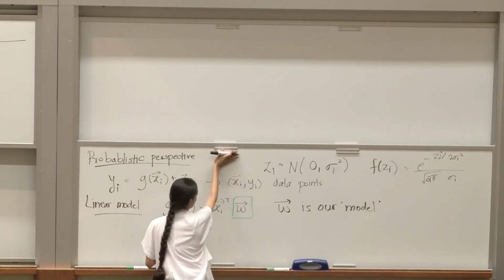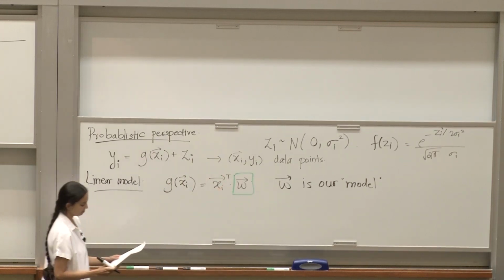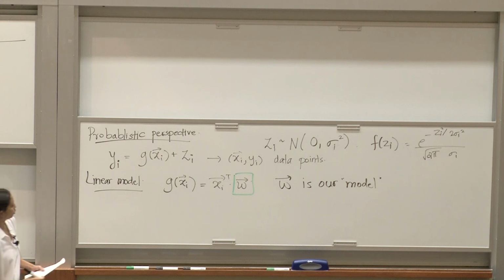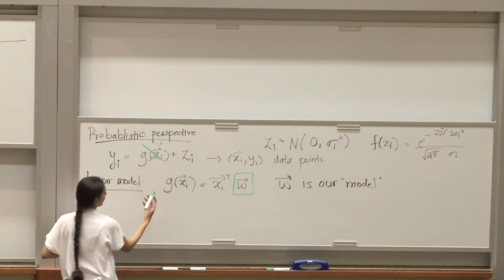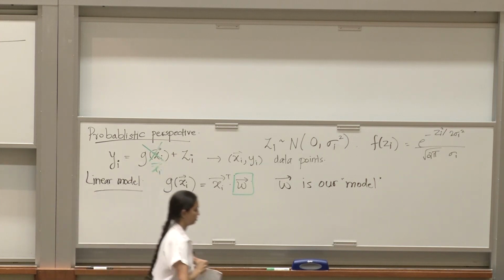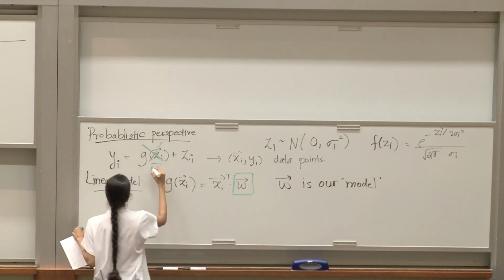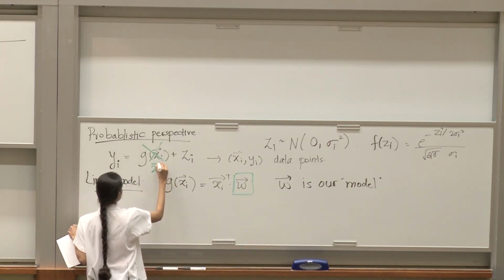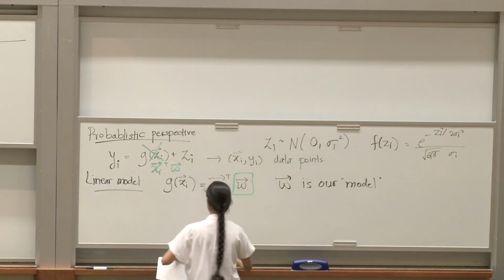When in the machine learning context people say assume a linear model, they usually mean something like this. So I can rewrite this now. Instead of this g of xi here, I can write this as xi transpose times w.